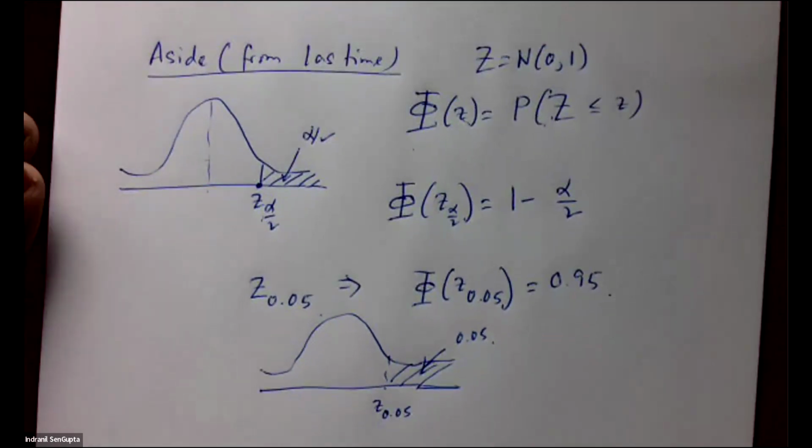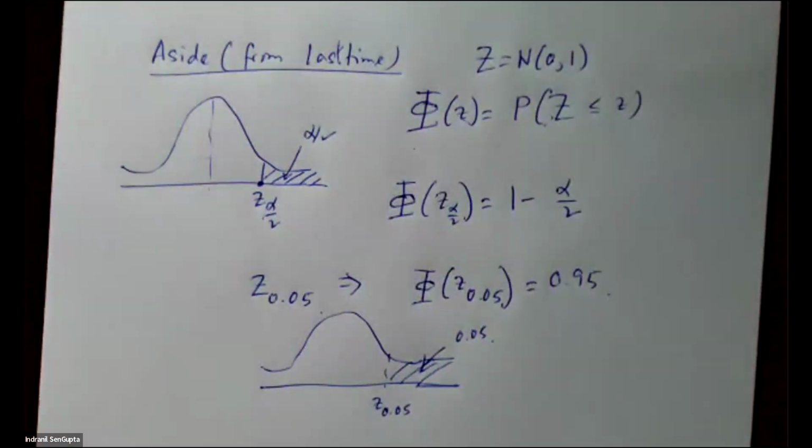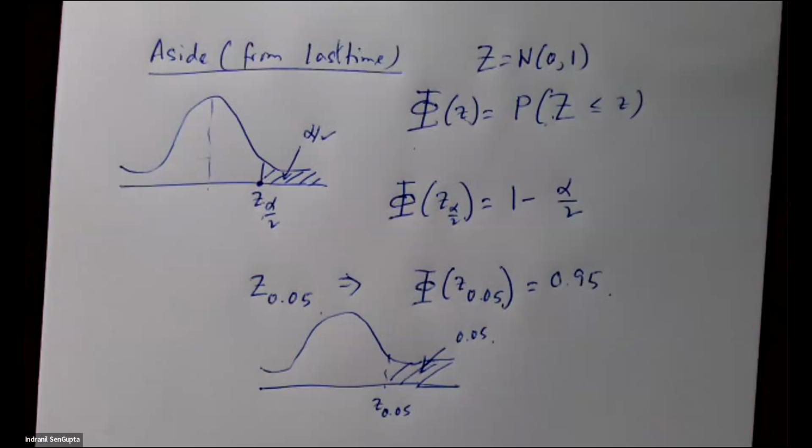Now, there are many ways of finding this from the table. For those who took the course with me last semester or any previous course, you know that there is a Z table. But let me stop sharing and share one screen. There is one way of computing this, just as I showed you last time.